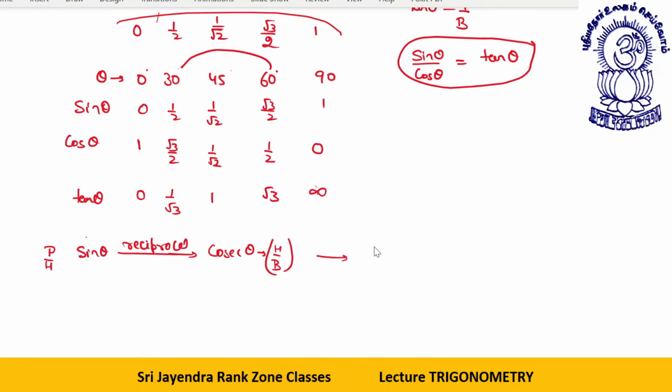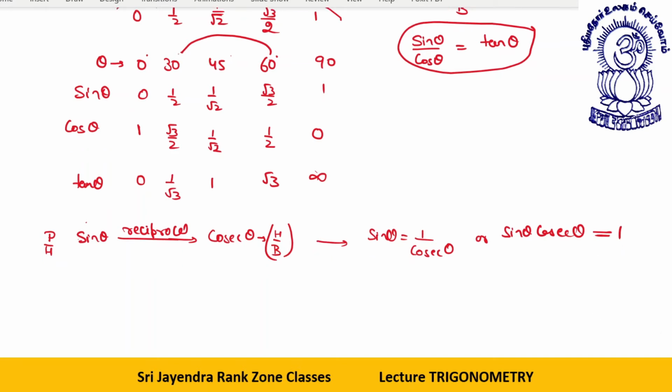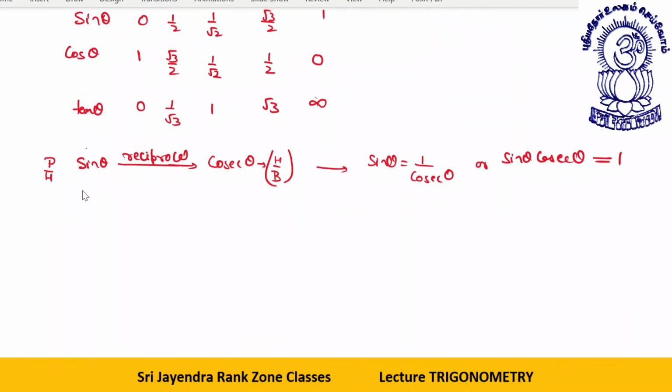This means what I can say, sine theta is equal to 1 by cosec theta or sine theta into cosec theta. The moment you see something like this, you will put it as 1. Very similar to this, base by hypotenuse is equal to cos theta. Its reciprocal will be sec theta.